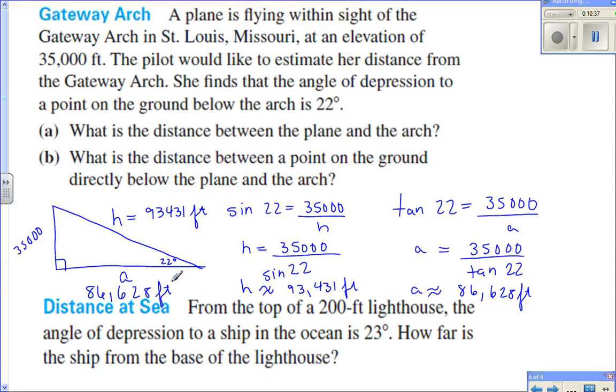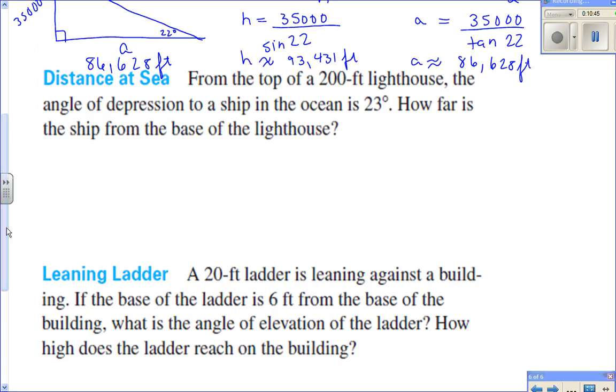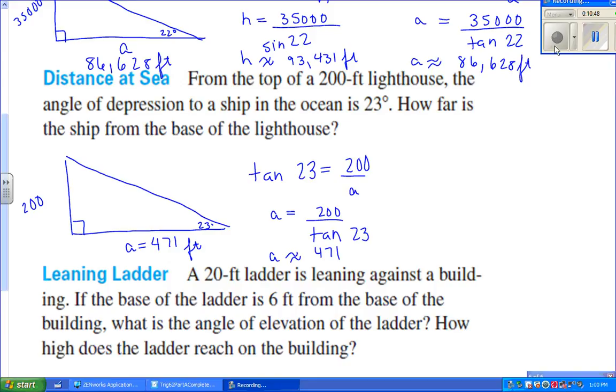Okay. So you go ahead and look at the next one and try to work that out, and then I will come back and show you my solution for it. So on this one, we know that the top of the lighthouse is 200 feet. The angle of depression is 23 degrees, and we want to figure out the distance between the lighthouse and the ship.